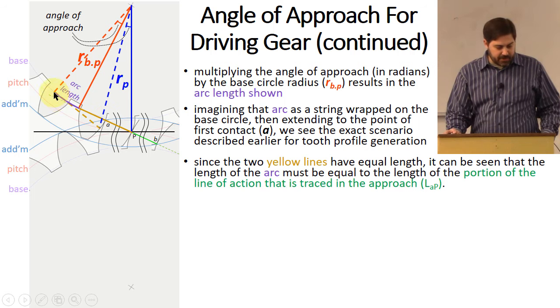We've got this string that goes along this arc and extends out here to point A. What if I took that string and started to unwrap it with a pencil on the end of it?